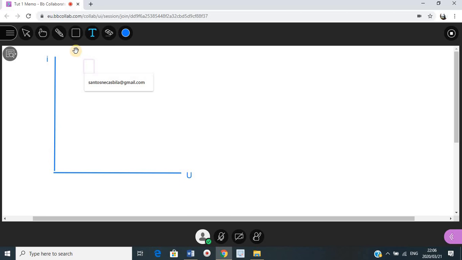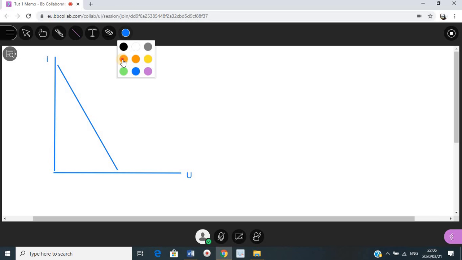It will take time. So we will say that this is the steeper one. Maybe I can change the color here so that we see, and we will say that this is the flat one.